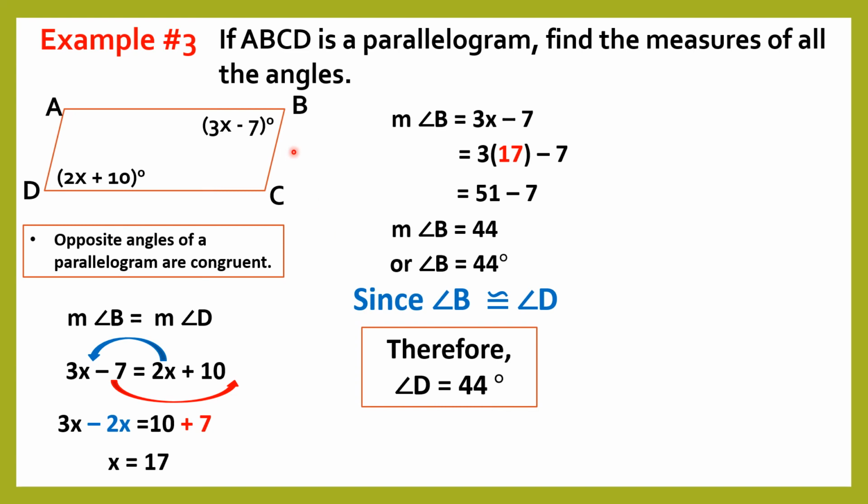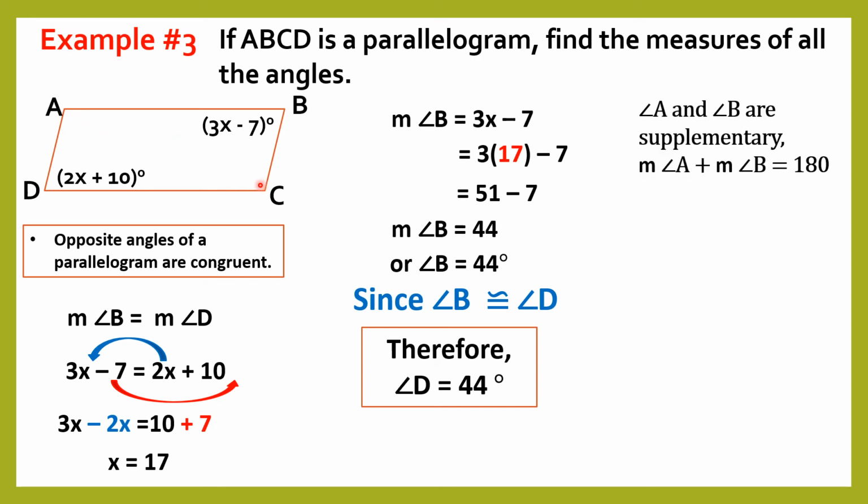So, since we now have angle B and angle D, we can now get angle A or angle C. So, just choose. Any one is fine. So, I'm going to use angle A. So, angle A and angle B are consecutive angles.